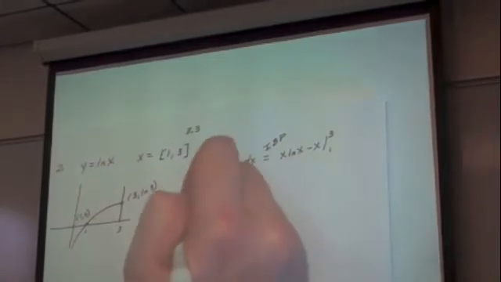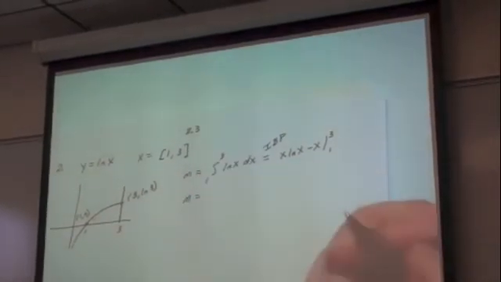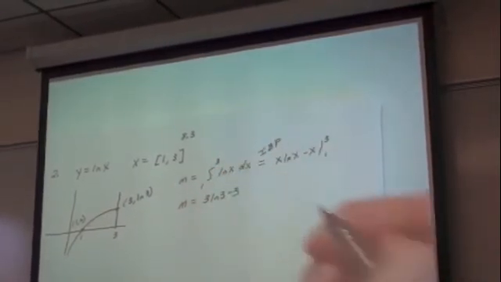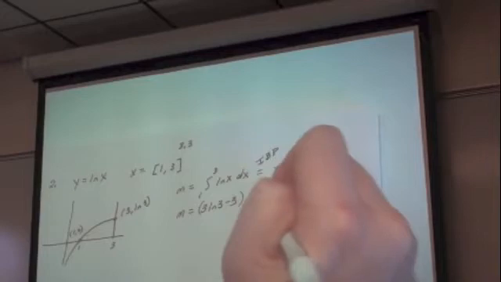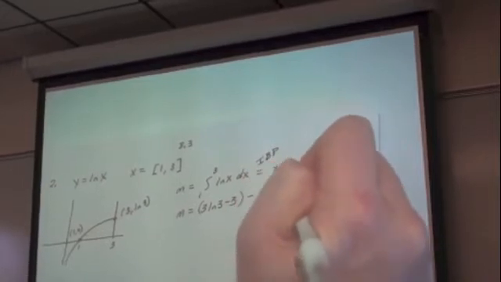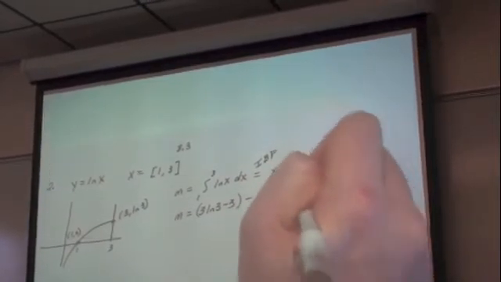And then I'll say, okay, so the sum of the masses, that's going to be 3 ln 3 minus 3, and then all of that minus 1 ln 1 minus 1.